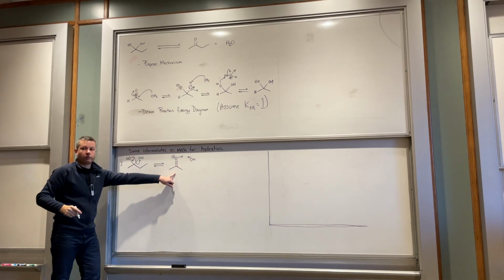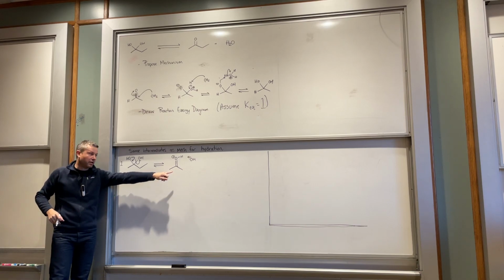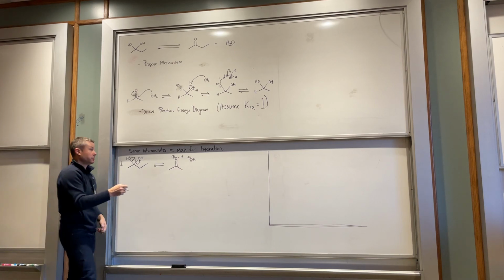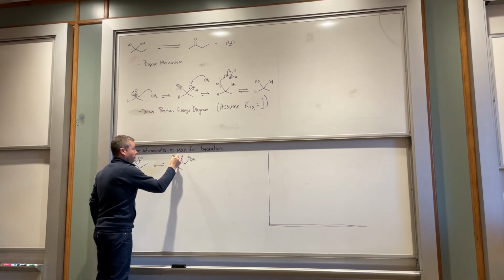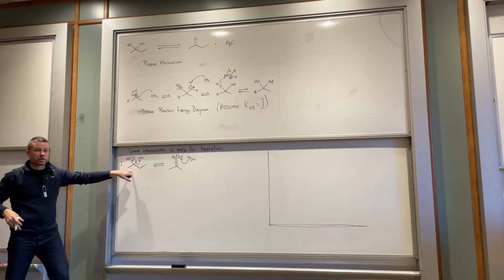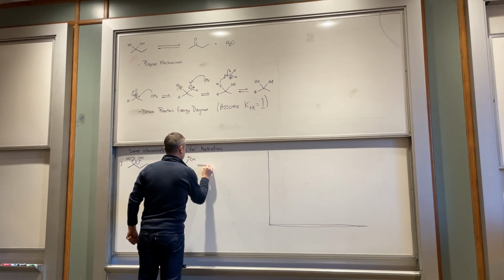Hopefully you can recognize this first set of intermediates as the first set of intermediates that we would see in the forward reaction, the hydration reaction. All we're doing is just rationalizing how we get from product back to the starting material, right? So the arrows that we draw are going to be different.